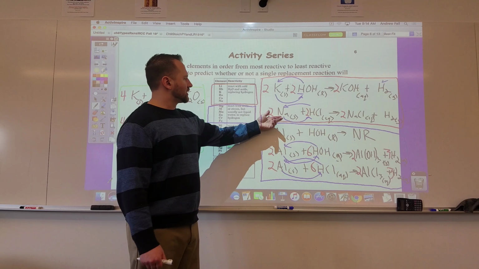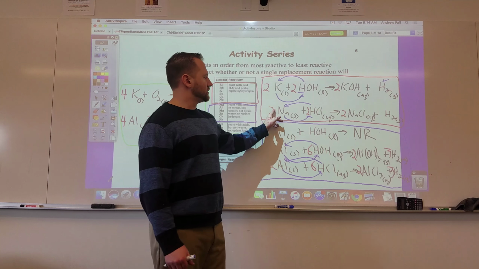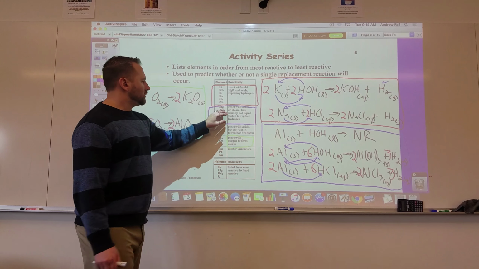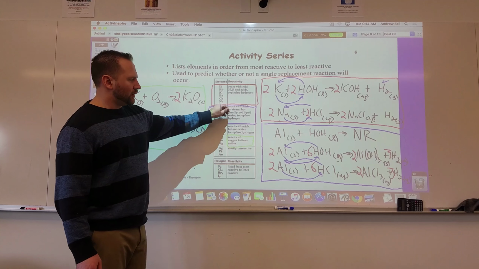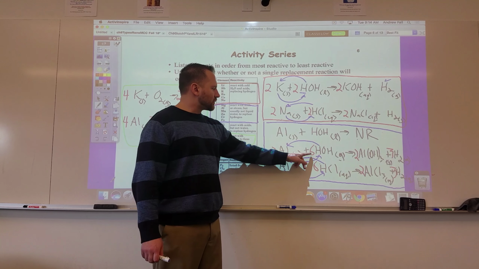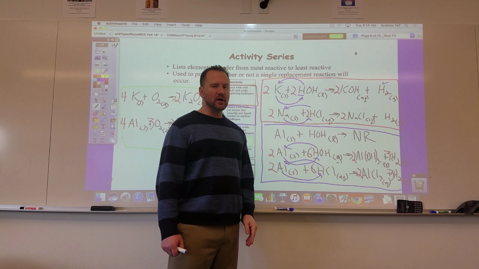You can also see that if you took another one of these alkali metals and reacted it with an acid, it will also displace hydrogen in that, so you end up with hydrogen gas as well. Aluminum is in the next category, so I picked that one. It won't react with cold water, however, it will react with steam. And in much the same way, it will displace one of the hydrogens to form a hydroxide.